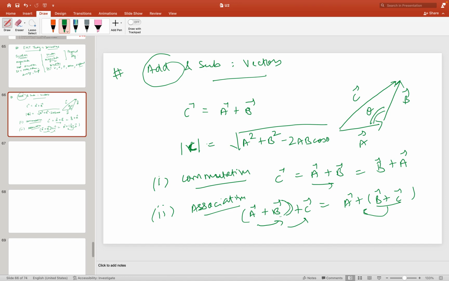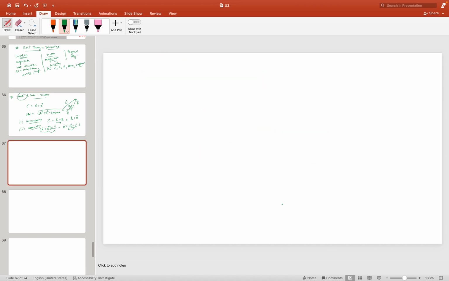Okay. Then comes vector multiplication. Multiplication of vectors can be in two forms. First can be the scalar product of two vectors, and second can be the vector product.